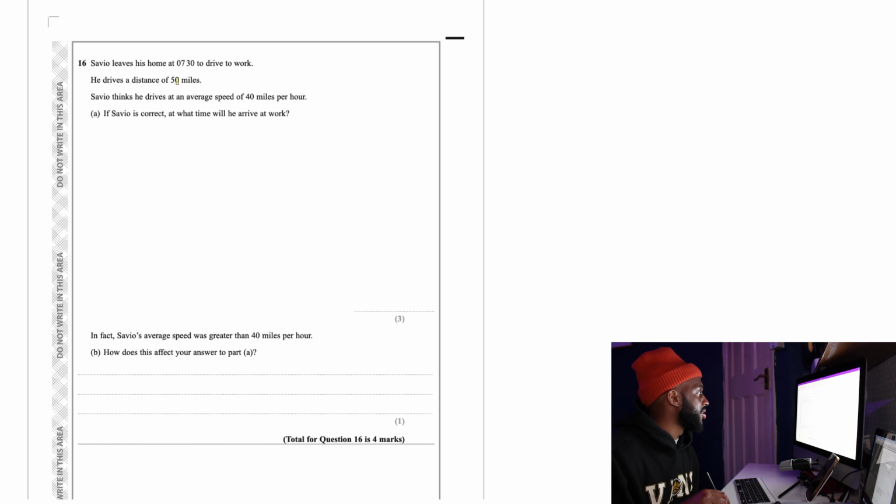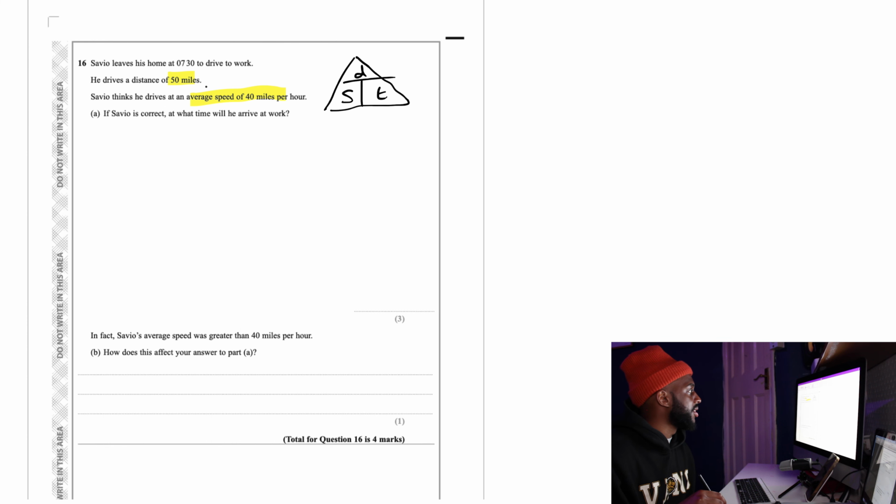Okay, so we have his distance and we have his average speed. So if we write our triangle, so speed equals distance over time. But in this case, we need the time. So time equals distance over speed. Okay, so our distance is 50 and our speed is 40.